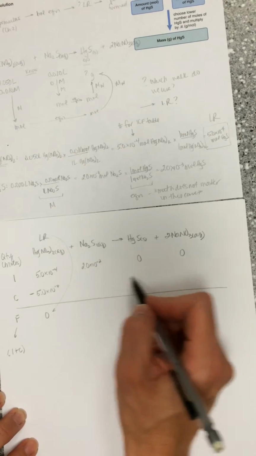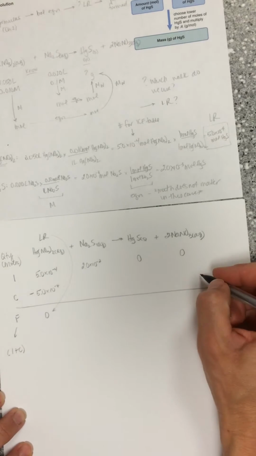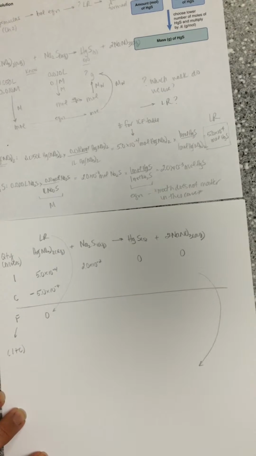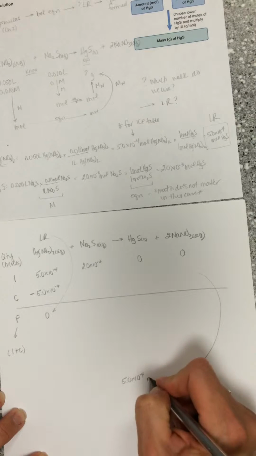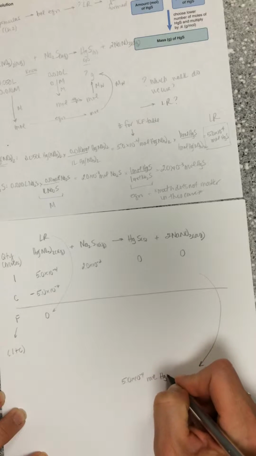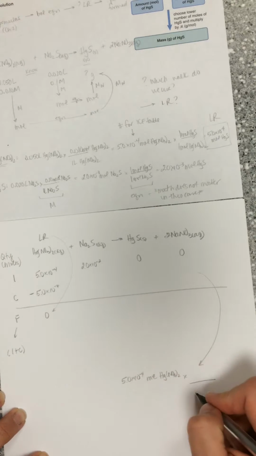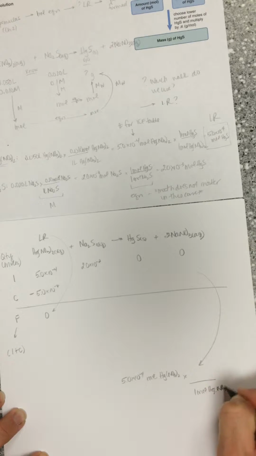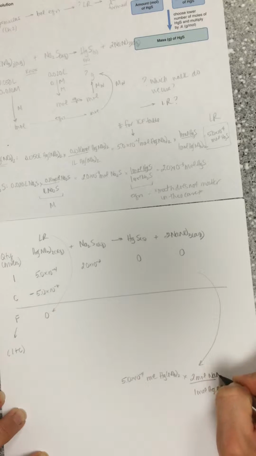Now again, how we propagate the rest of these is we have to use a balanced chemical equation to translate the differences. I'm going to show this one first because this is the only one that's truly going to be different. For example, if we have 5 times 10 to the minus 4th moles of our mercury 2 nitrate, and we want to change who we're talking about, we could say that 1 mole of mercury 2 nitrate equates to 2 moles of NaNO3.